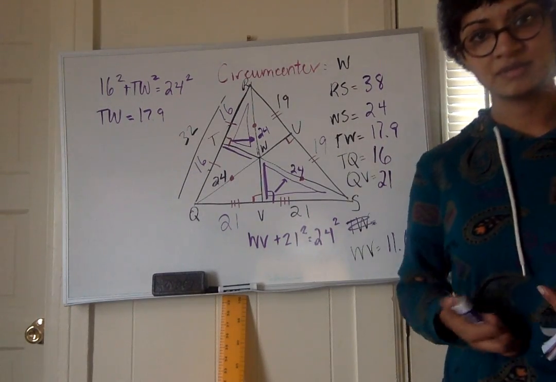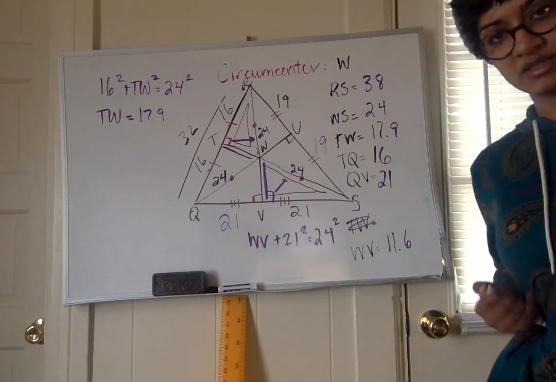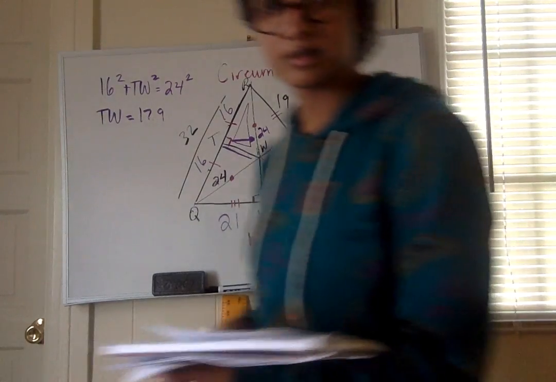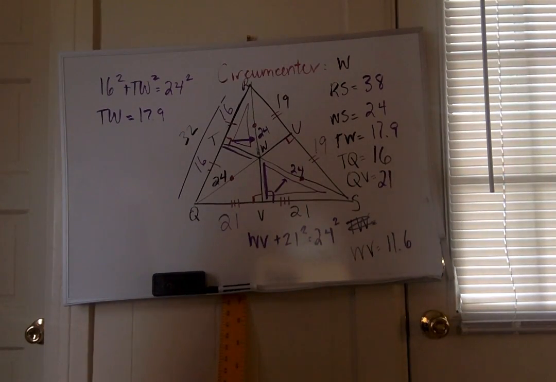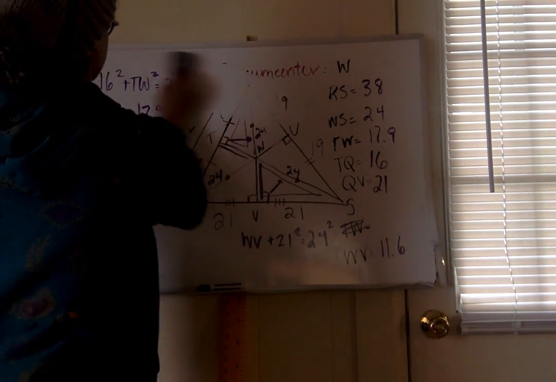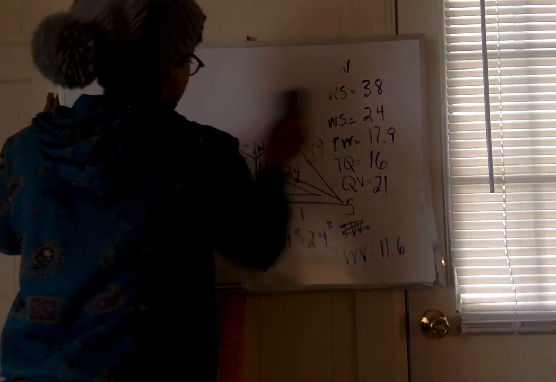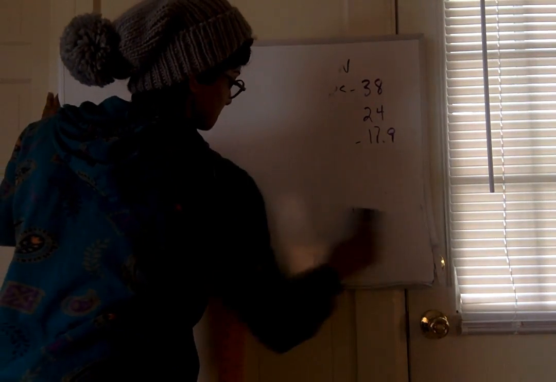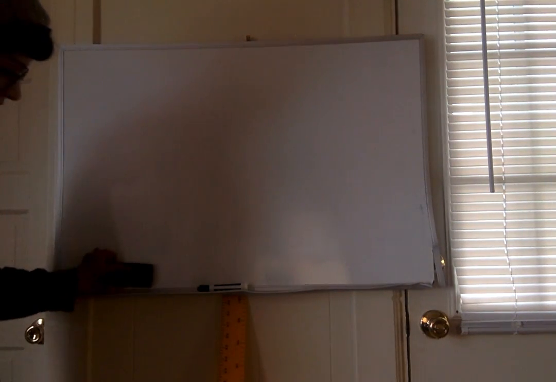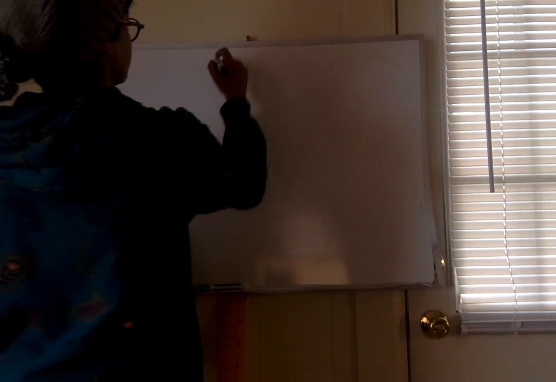And of course the last one we'll be working with is incenter. Actually, I hope you guys can see that. Alright. Let us do incenter. Incenter is the last one I taught you.